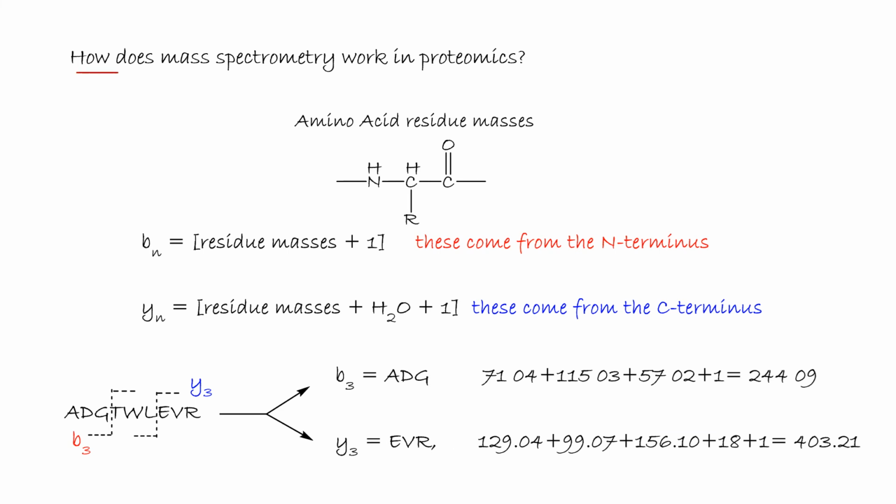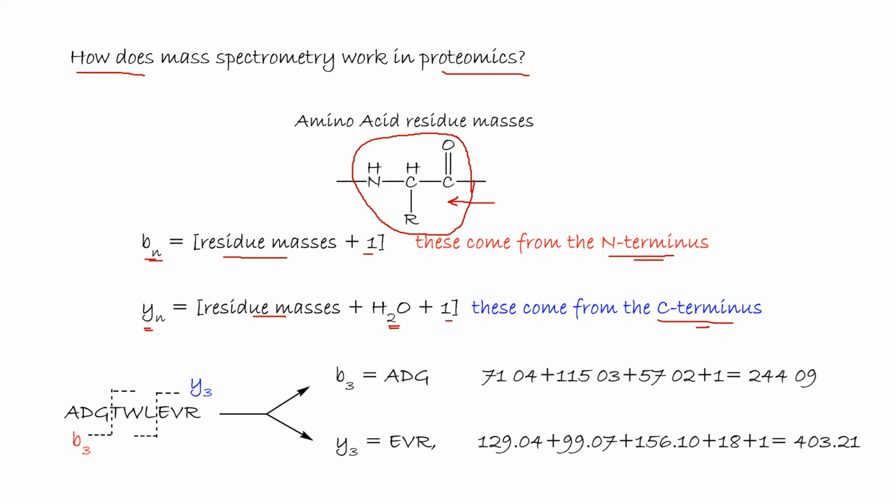So how does mass spectrometry work in proteomics? As we mentioned, we have calculated and provided the computer program with the residue mass of these amino acid units. The Bn, which is the fragment coming from the N terminal, will be equal to residue mass plus 1. On the other hand, the part coming from the C terminal will be equal to residue mass plus H2O plus 1.